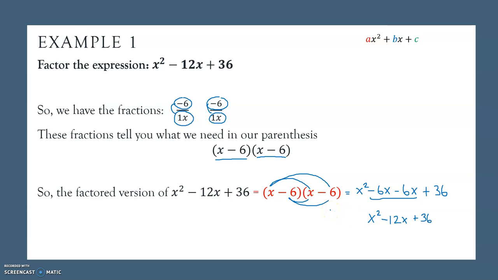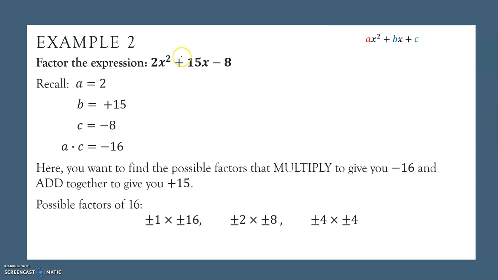Let's look at another example. We have 2x squared plus 15x minus 8. I am using this example because we do not always have a 1 for our a term. Here we have a 2 for our a, positive 15 for our b, and negative 8 for our c. Be careful, the a times c term would be 2 times negative 8, which gives you negative 16.